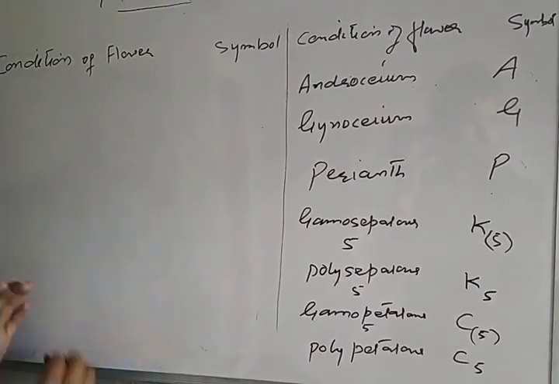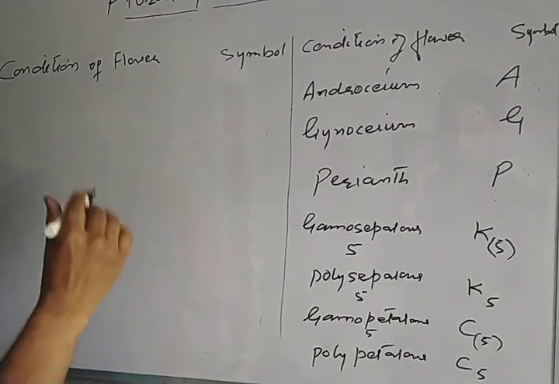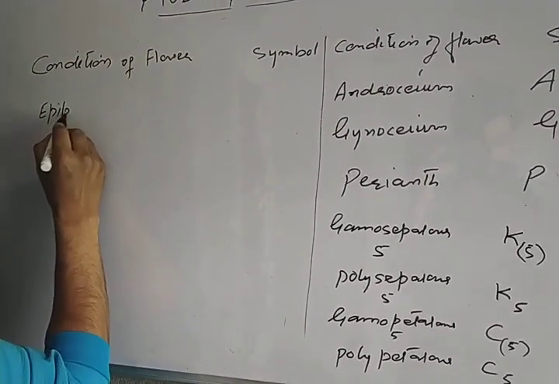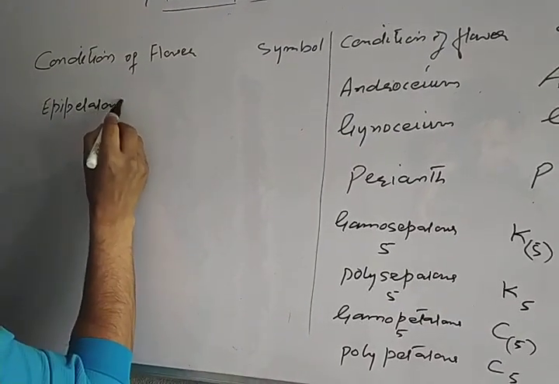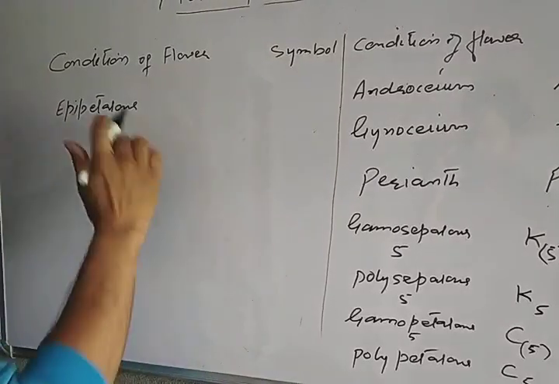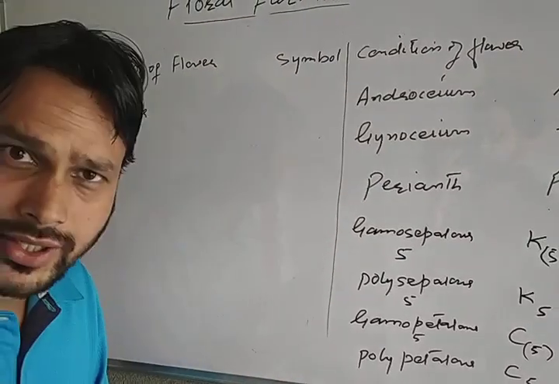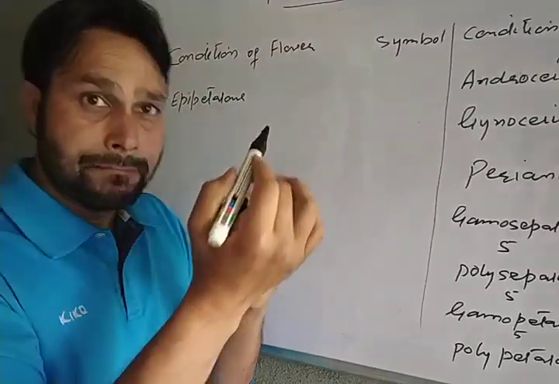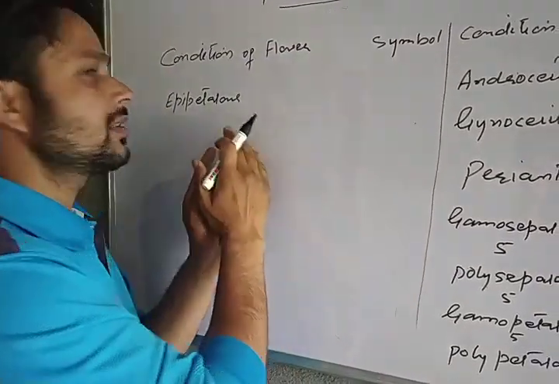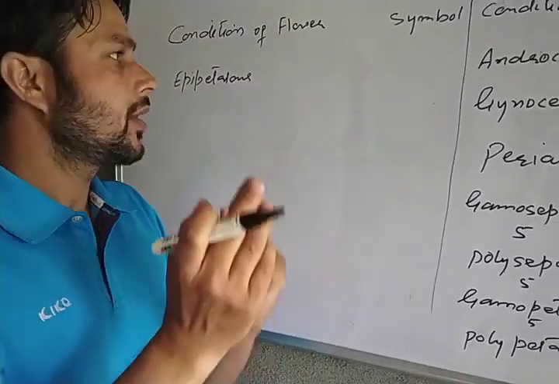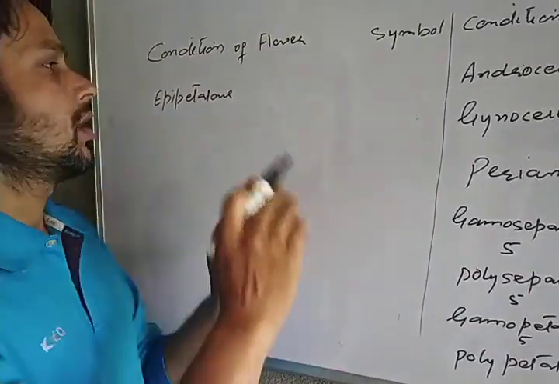Now, epipetalous condition. The condition of the flower is epipetalous. Epipetalous condition is when the androecium remains fused with the petals, or we can say the corolla.